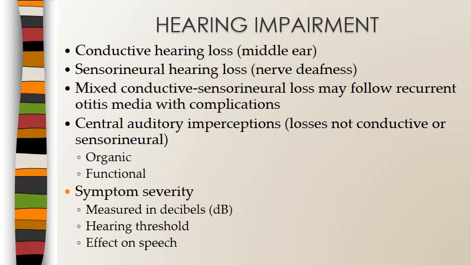Severity of hearing loss or impairment can be measured in decibels, and you also look at the hearing threshold, so what decibels they can hear or not hear at, and also look at the effect the hearing loss has on the child's ability to speak.